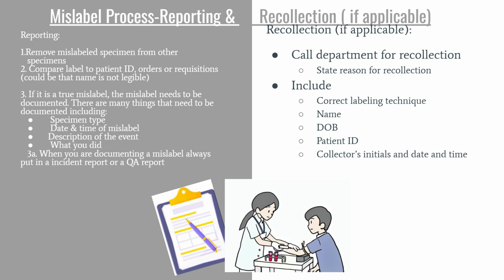When you report it, you need to remove it from the other samples, compare the label to the patient ID, and if it's a mislabel, it needs to be documented with the specimen type, the time of the mislabel, a description of the event, and what you did.